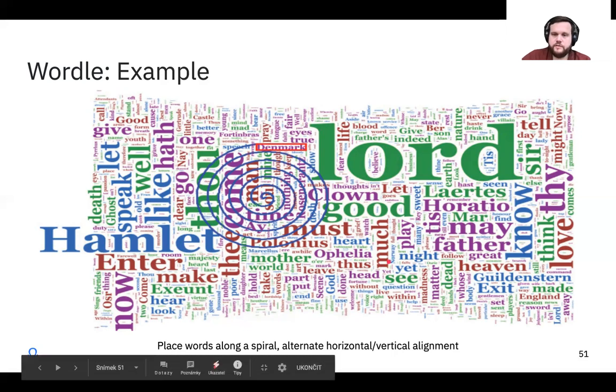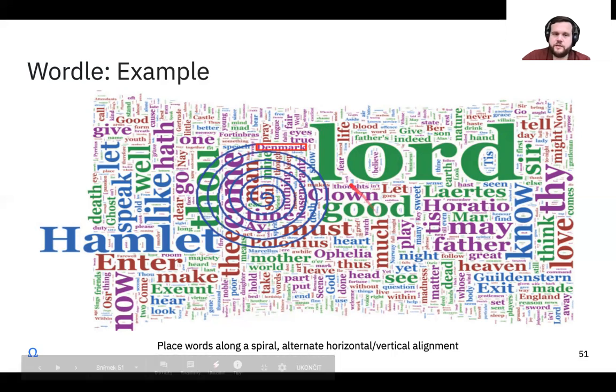Here, if I would criticize something, it would be the arbitrary use of colors. It doesn't really show categories. So Horatio, May, Father, Die is purple. Hamlet, like, speak, let is blue. I think the colors are a bit arbitrary, but it's meant more as a positive example, to show the spiral layout of Wordle, which is also possible.